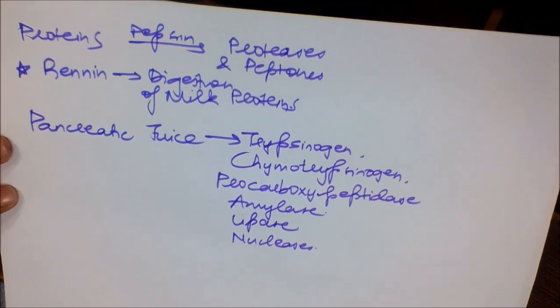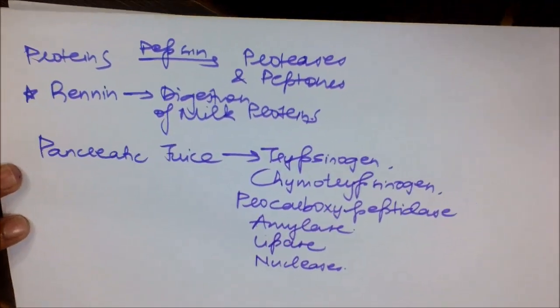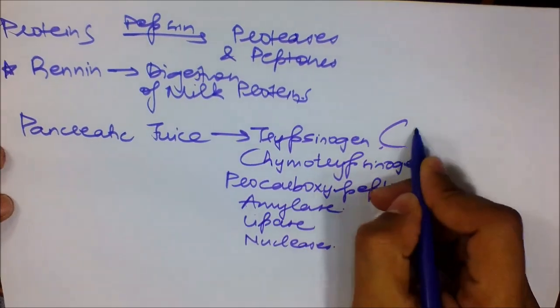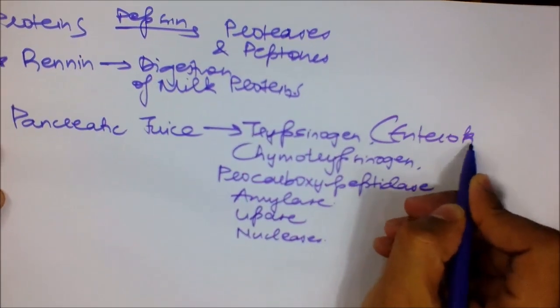Trypsinogen is activated by an enzyme enterokinase secreted by the intestinal mucosa. So it is activated by enterokinase.